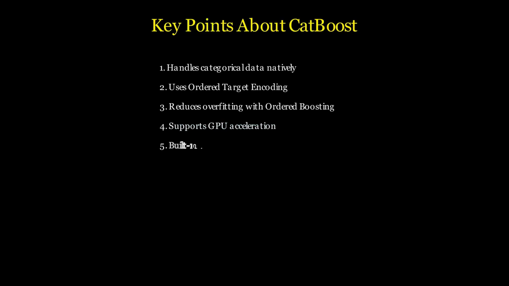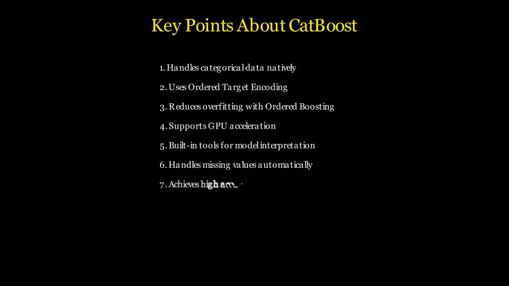CatBoost provides tools like feature importance and SHAP values for better model interpretability. CatBoost can handle missing values in the dataset without requiring imputation. CatBoost often achieves high accuracy with less hyperparameter tuning compared to other algorithms.